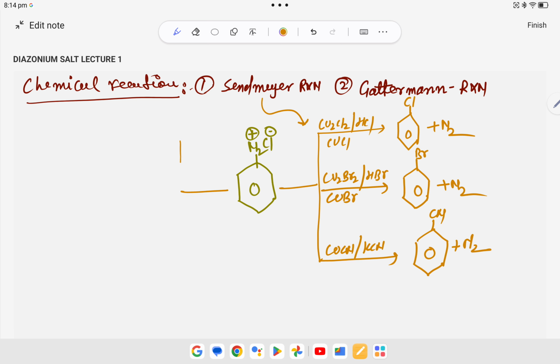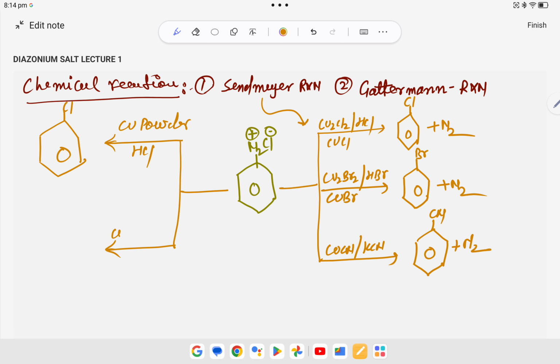For the Gattermann reaction, copper powder and HCl give chlorobenzene, and copper powder and HBr give bromobenzene.